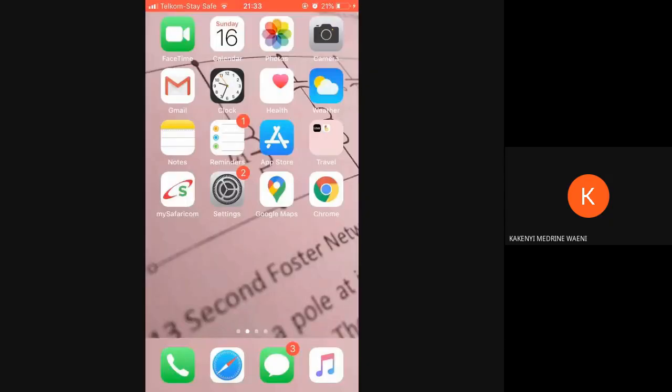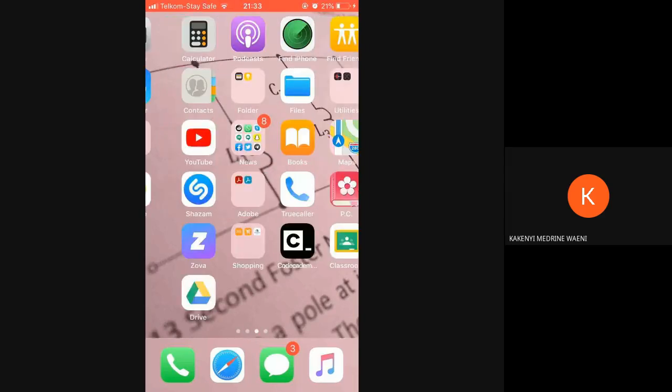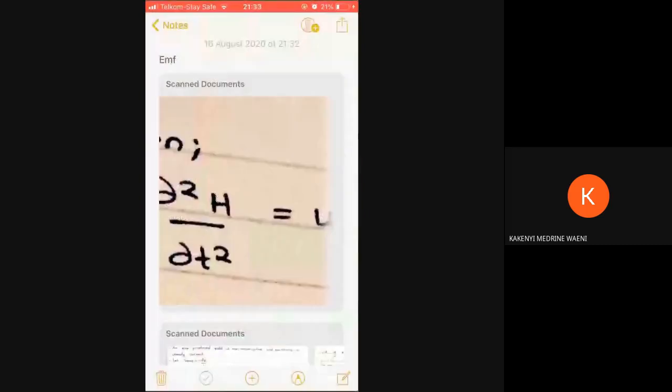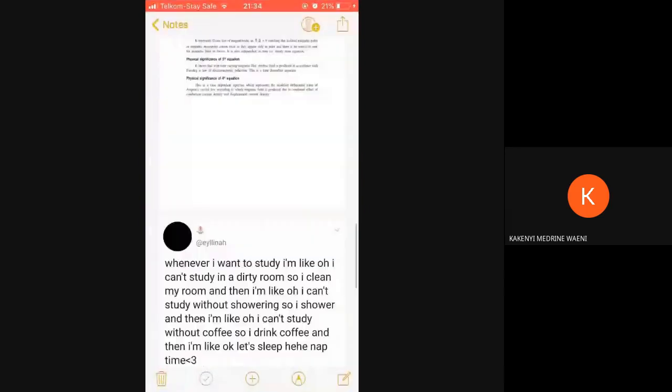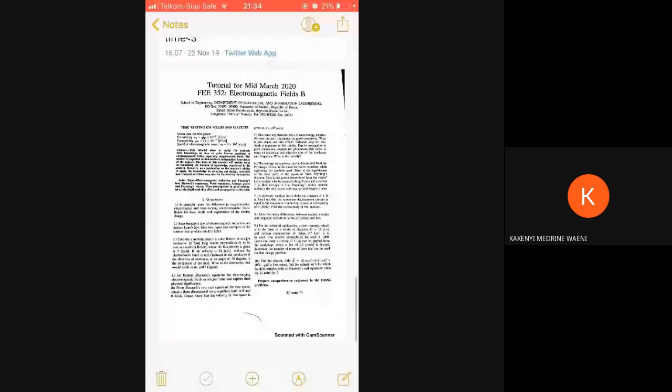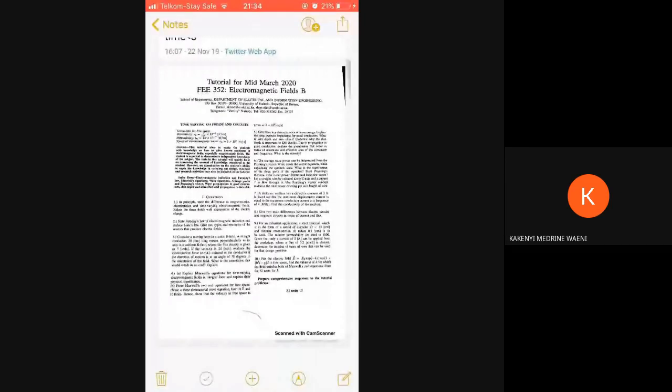Okay, good. So, can you guys see well? I was doing question 1 to 4. I don't know if you can see well. I don't think you can.